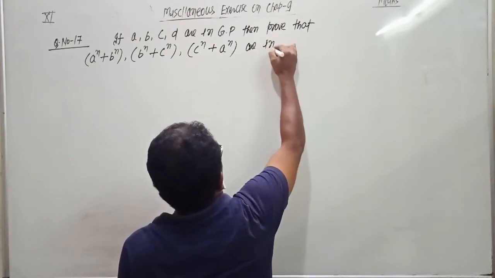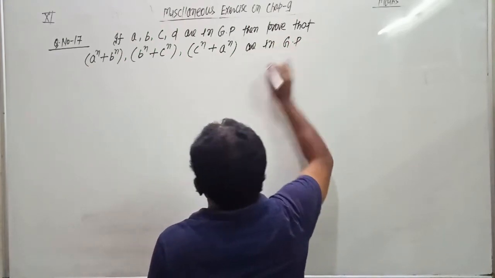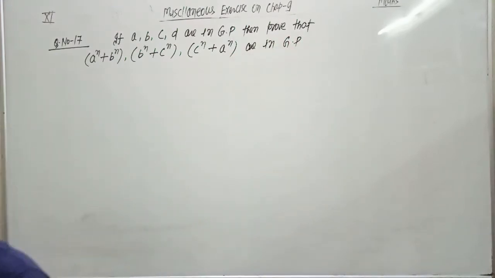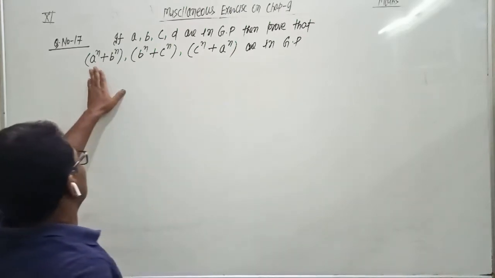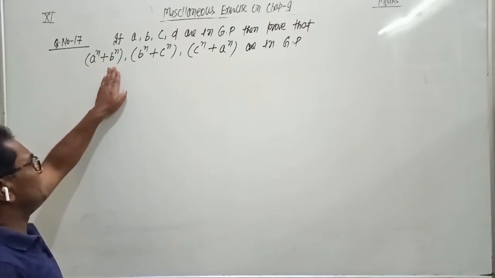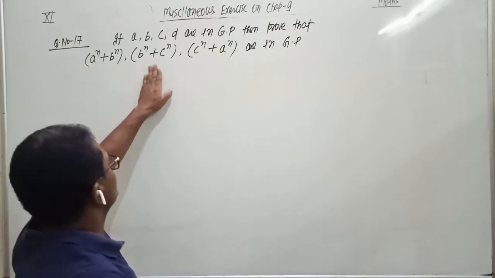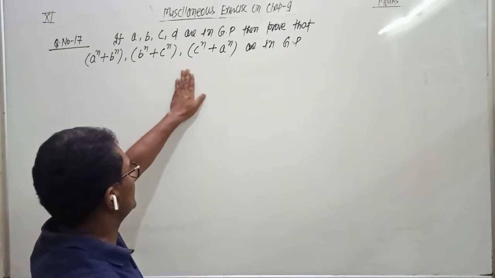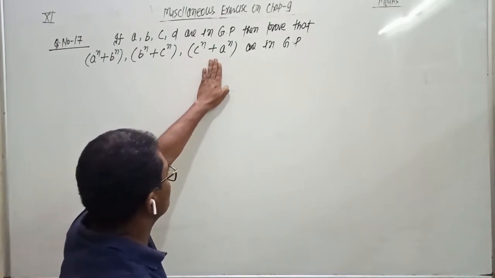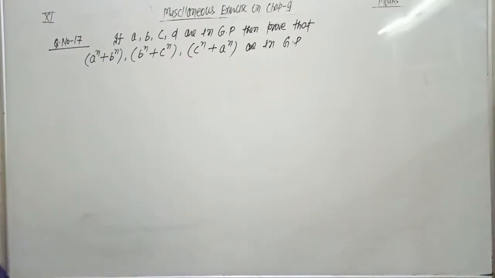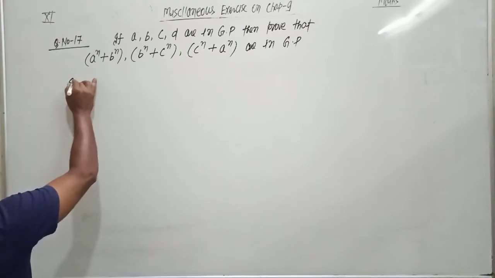So we have given that there are 4 terms A, B, C, D in GP. Then we have to prove that A raised to the power n plus B raised to the power n, then B raised to the power n plus C raised to the power n, and C raised to the power n plus D raised to the power n are in GP.